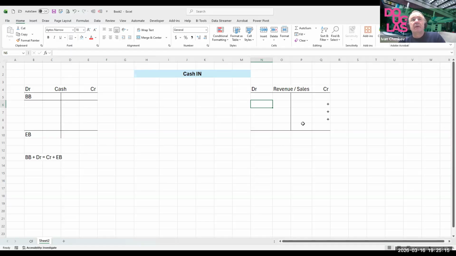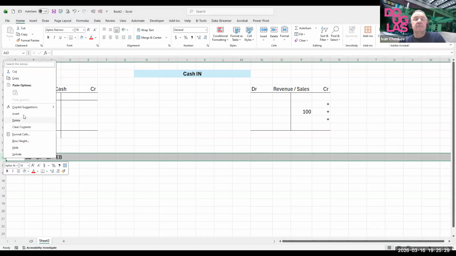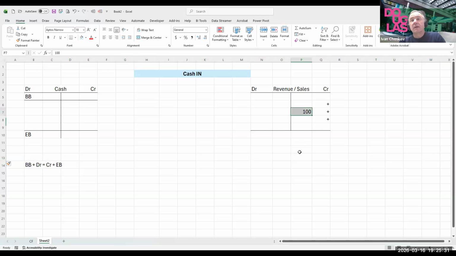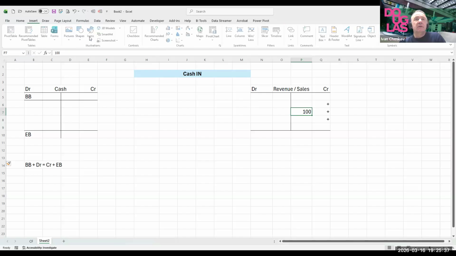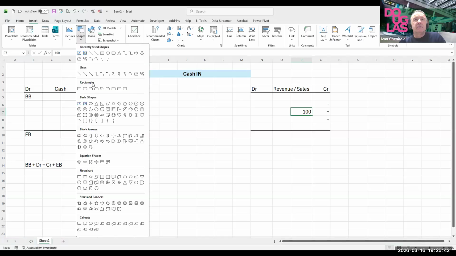Okay, so what's going to happen? Every time we generate sales, 100, our idea is to collect the cash, right? Or to collect the sales. If we collect it right away, life is beautiful. Let's insert one shape here.